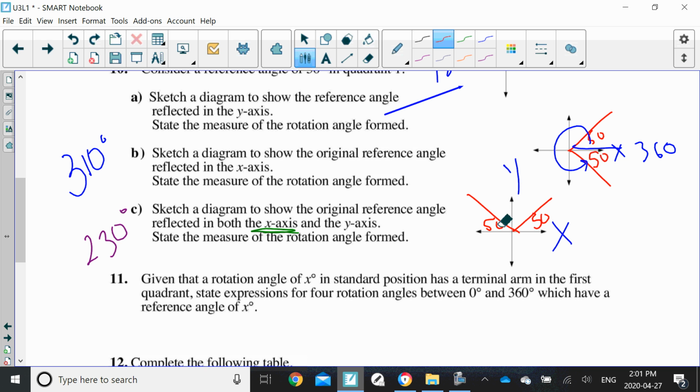I would go over there. And then if I go from the y-axis to my x, I have to take this angle and reflect it in the x. It would go down here. And I would get the exact same answer, right? My terminal arm would be this guy here. So that would be 180 degrees plus 50 degrees, which would give you an answer of 230 degrees.